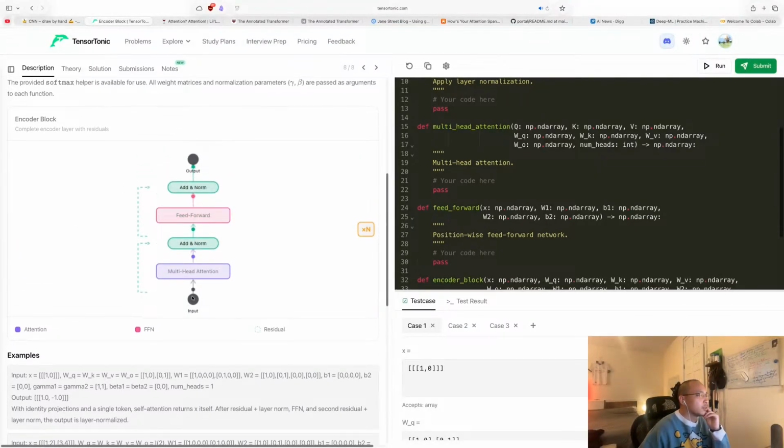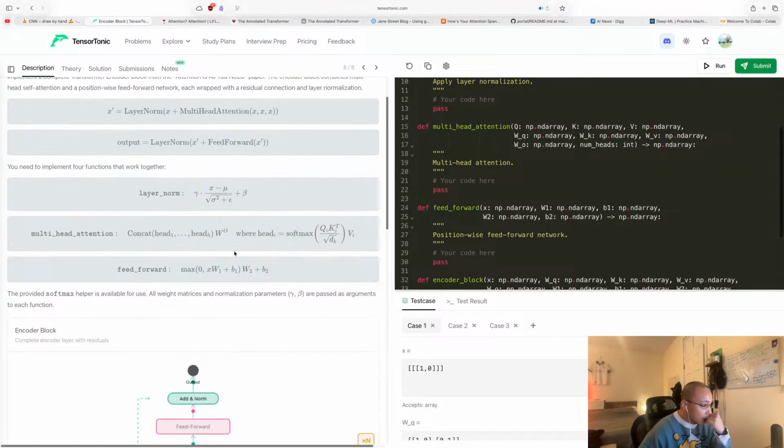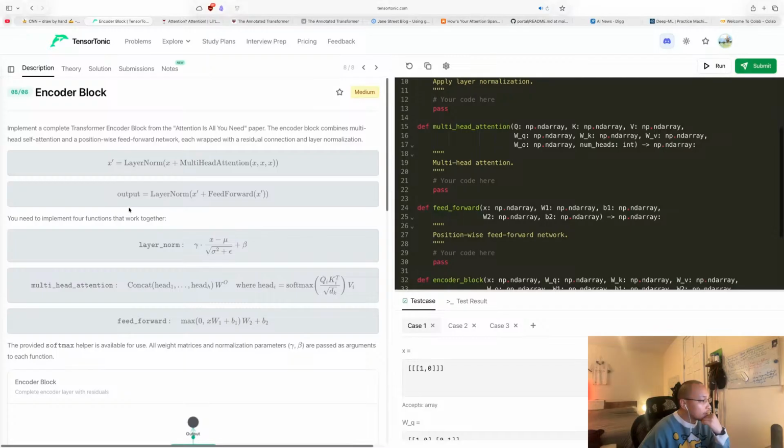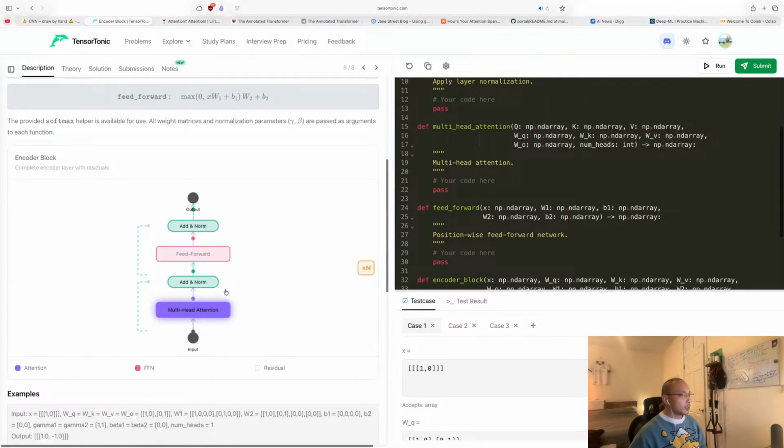And here we have a good way to visualize it. You have the input vector. It goes into the multi-head attention, which generates the attention scores, and then the final output is the attention scores and an output mapping matrix.